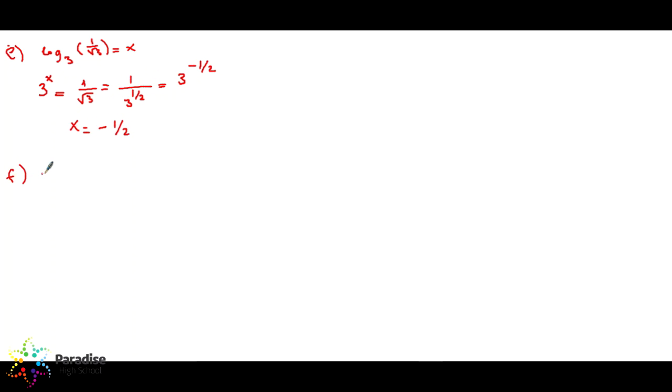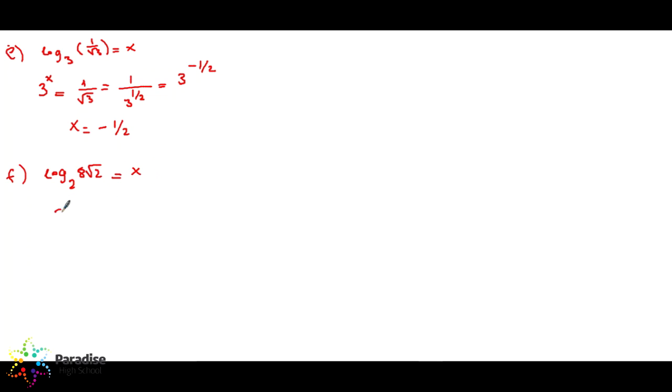Let's look at this example here: log base 2 of 8 root 2. Okay, I can simplify this, or I can write it in a different way. Let's say this is x.